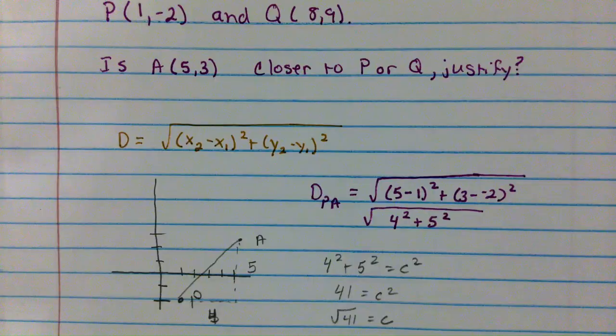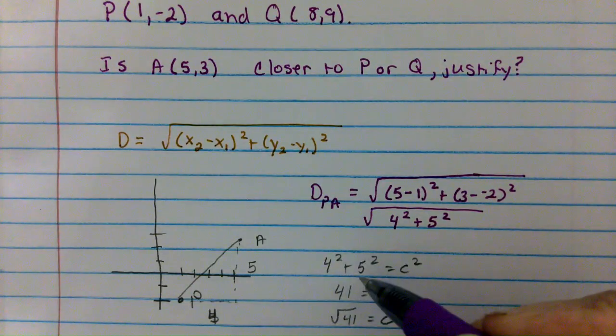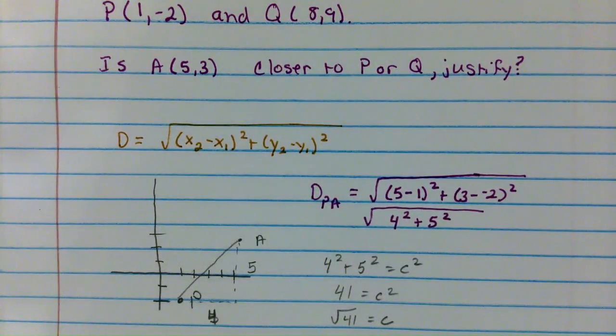Wait a second. Isn't that what I got? Absolutely. The distance formula is just a rewritten version of the Pythagorean theorem. If you don't want to memorize the distance formula, you don't have to. You can use the Pythagorean theorem 100% of the time. There's a relationship there. So it's up to you to choose which one's going to work best for you.